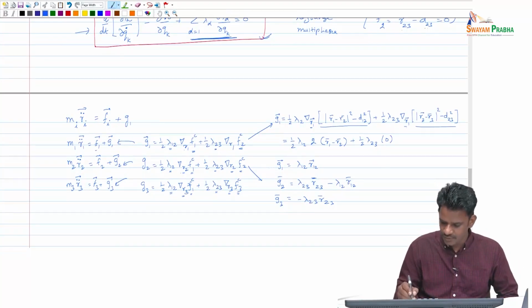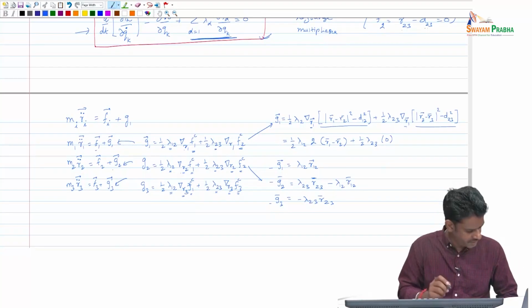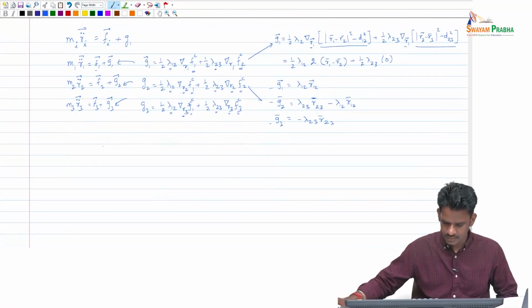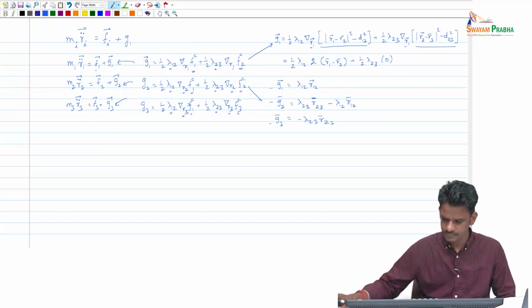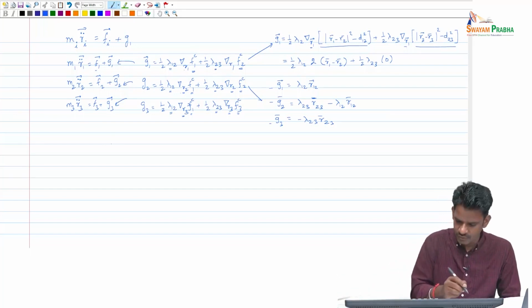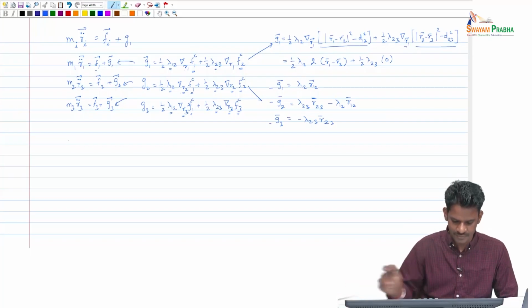Okay, so now all these three can be substituted here. So now let us see how to apply our Verlet algorithm for this particular problem.